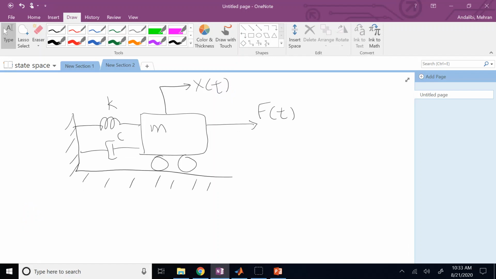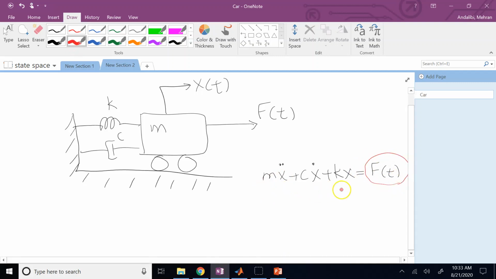My governing differential equation in this system, if you remember, was m x double dot plus c x dot plus k times x, assuming that damper and spring are linear, is equal to f of t. Now, I know the input to the system.